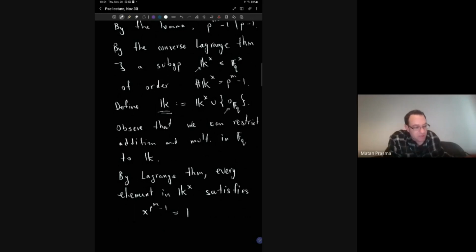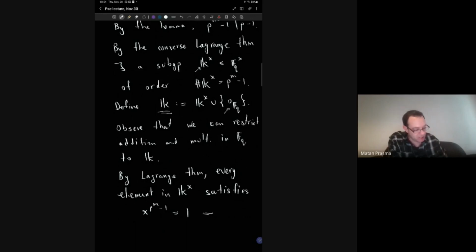Because the order of the group K star is p to the m minus 1. So of course, the order of every element must divide p to the m minus 1. If I raise the element to the p to the m minus 1, I must get 1.